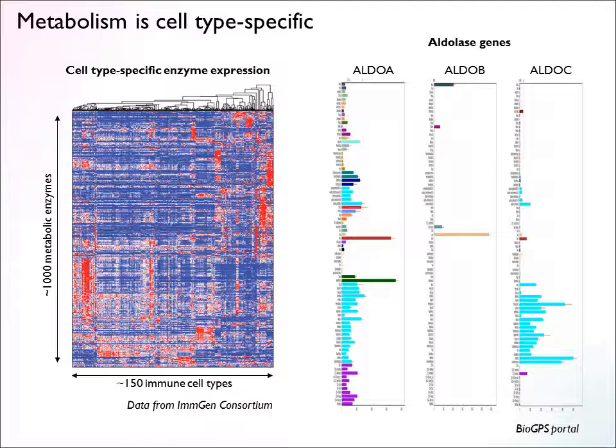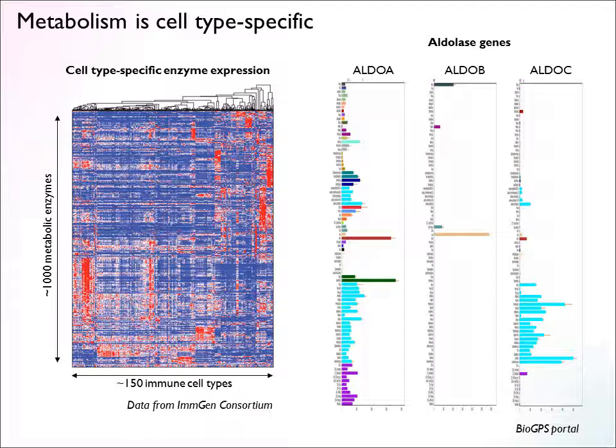So aldolase, for example, has a kind of housekeeping, if you want to call it that, type of isoform that is expressed in a lot of tissues, in some higher than others and not present in all, but a kind of broad expression pattern. Then there's a very restricted tissue-specific form, the B form, which is present in liver and kidney and intestine. You can't see these labels, of course, but you just have to take my word for it as a liver form.